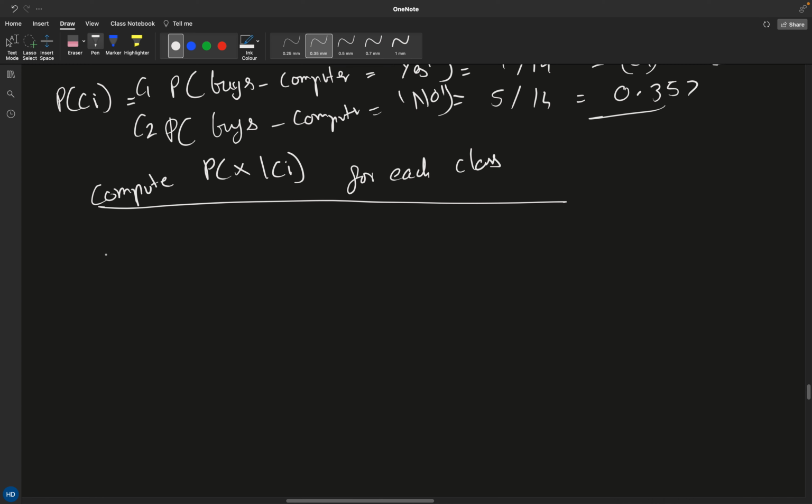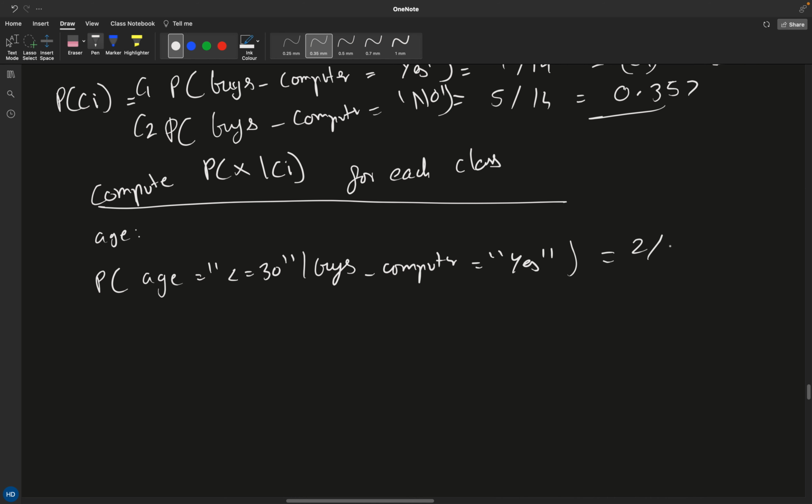So first, let's start with age. The probability where age is less than or equal to 30 and buys computer where the result is yes.